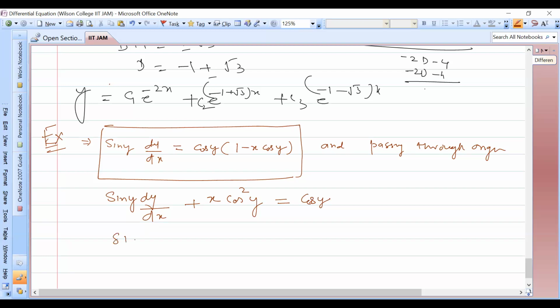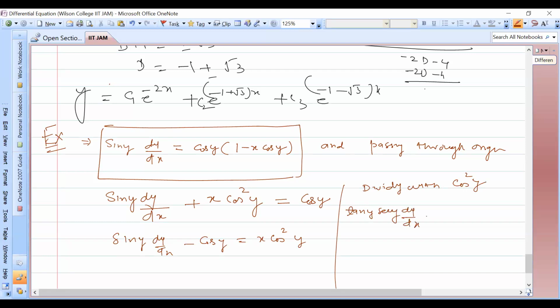So it can be written as sin y dy by dx minus cos y equals x cos square y. Dividing with cos square y, it can be written as tan y sec y dy by dx minus sec y equals x.